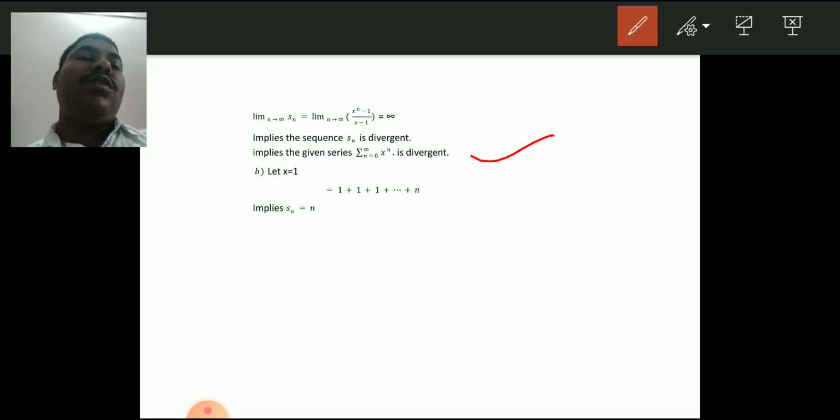In the next case, let x be equal to 1. If x is equal to 1, then Sn becomes 1 plus 1 plus 1 up to n terms. So that implies Sn is equal to n.